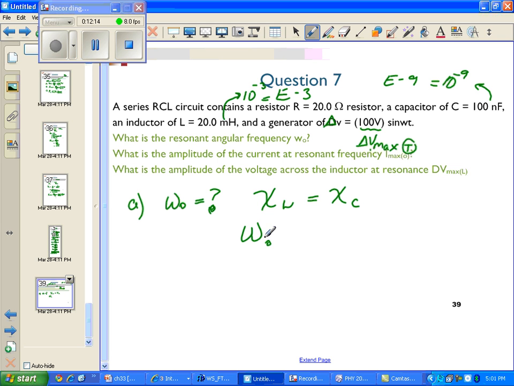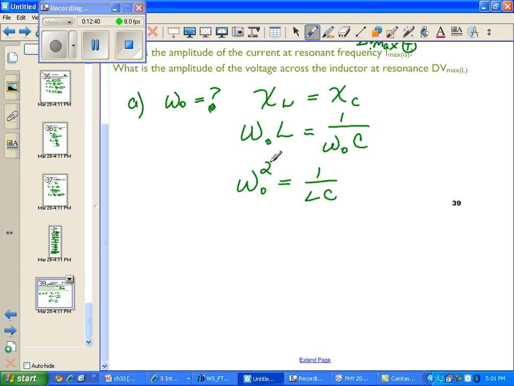That means omega at resonance, omega naught, times L must equal 1 over omega at resonance times C. Well, you can see that if we multiply both sides by omega, so we cancel it out on the right, we end up with omega squared equals 1 over LC.